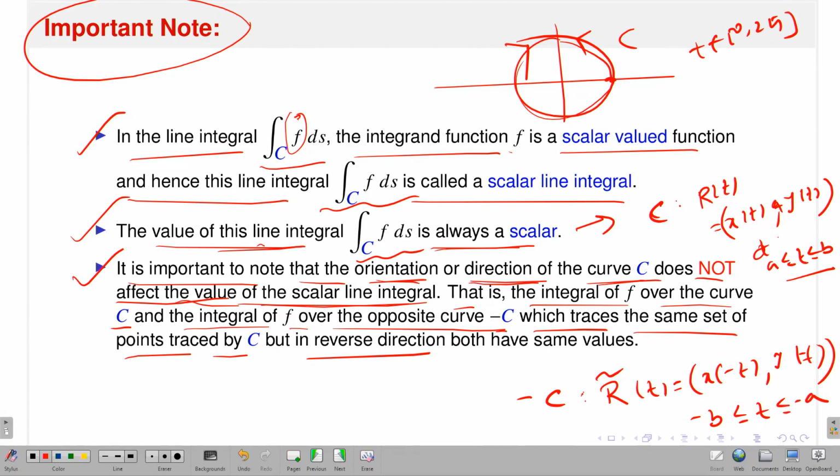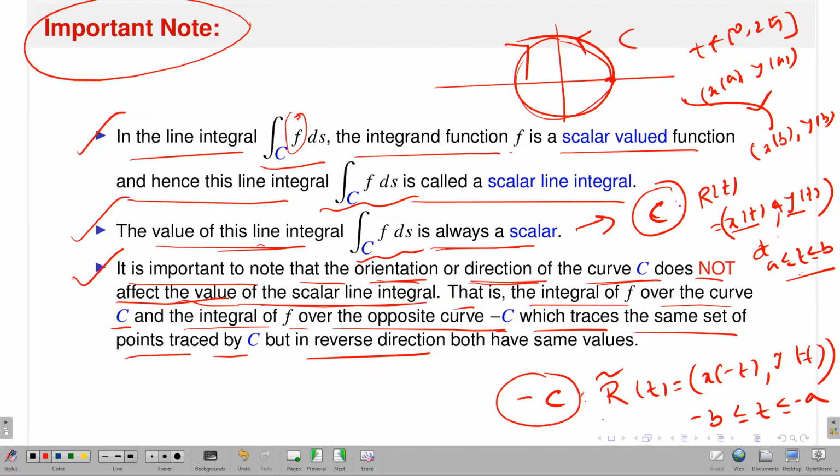For t equal to a, the curve C starts from the point x(a), y(a), and it ends at x(b), y(b). That is the parameterization of C. And the parameterization of minus C is r twiddle of t, which is this one.